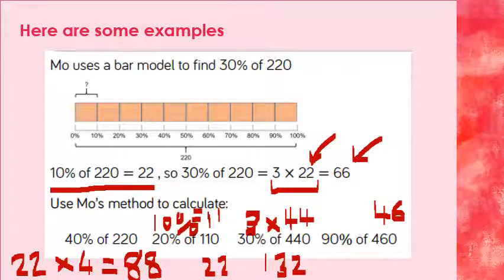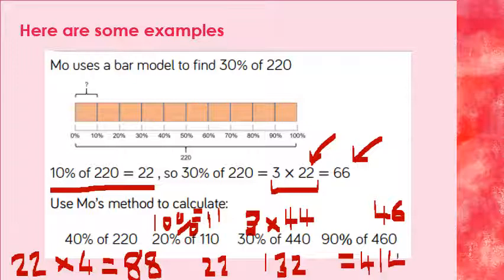And then actually we could do 46 multiplied by 9 to find 90%, but also we could do 460 take away 46, because that would be the 100% take away the 10%, which would equal the 90%. So that's a quick method we could do as well. So we could do 460 subtract 46. So that is 414.